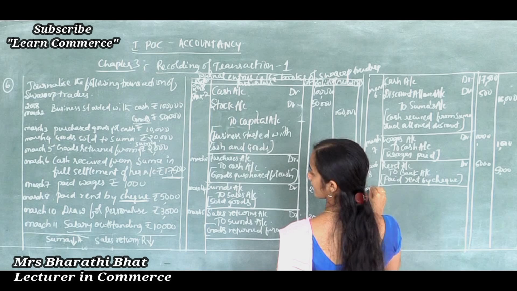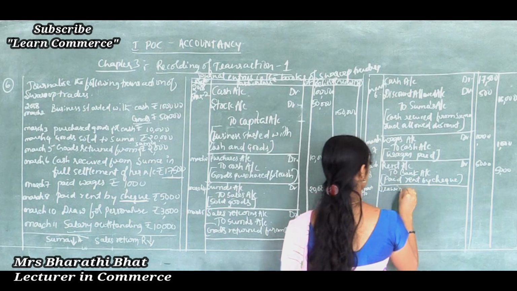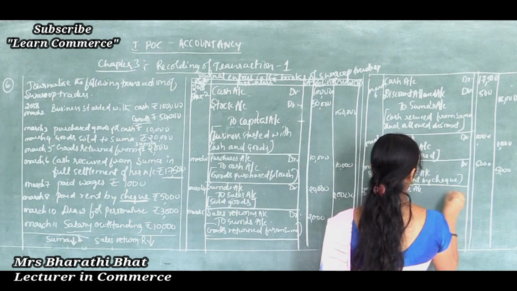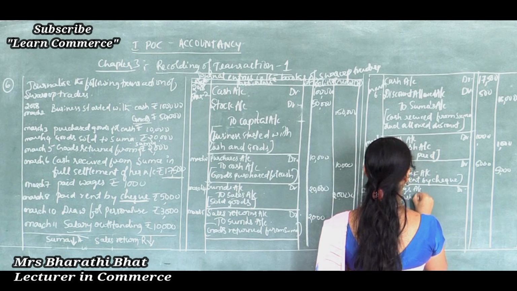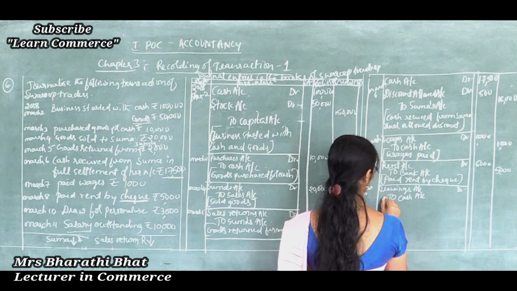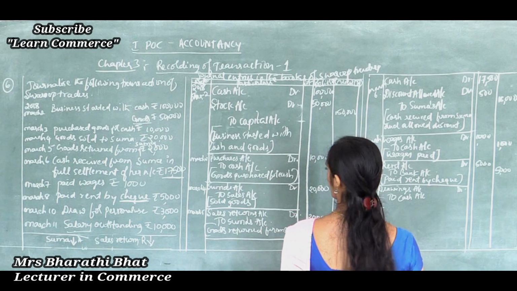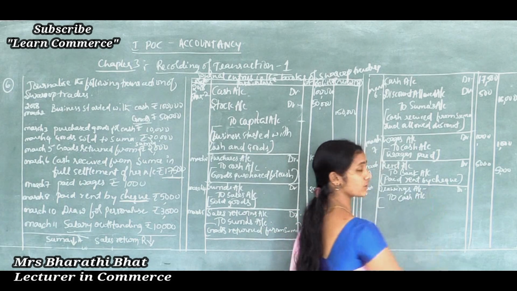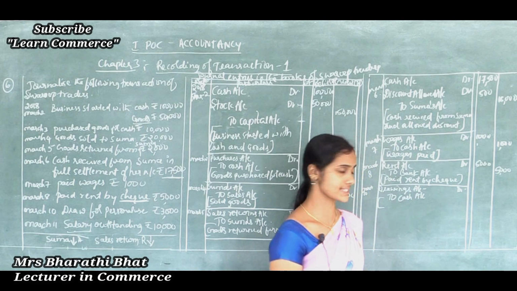March 10, drawings account debited to cash account. Here we need to apply the rules of capital, and here we need to apply the rules of asset.